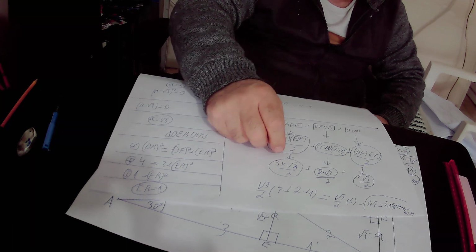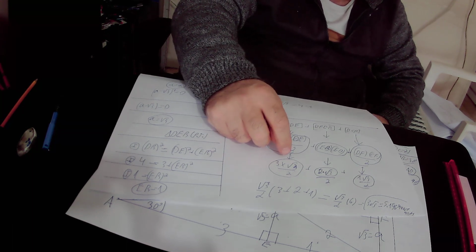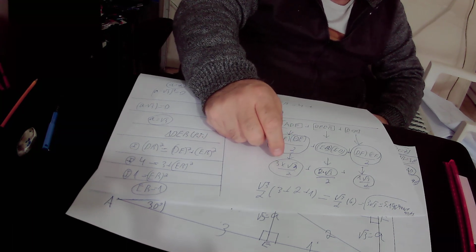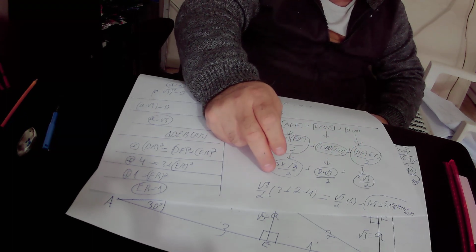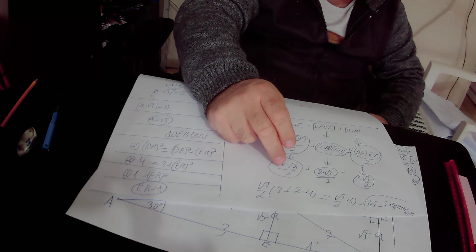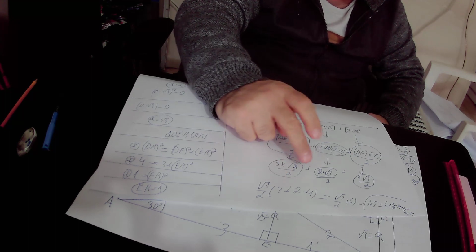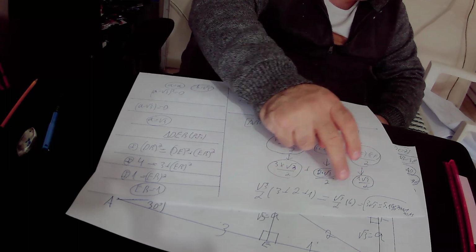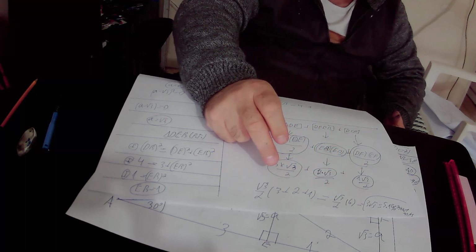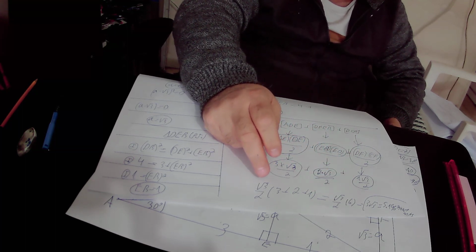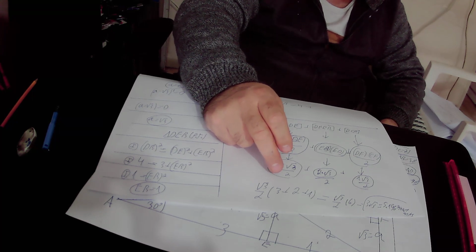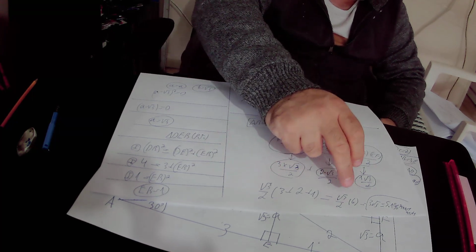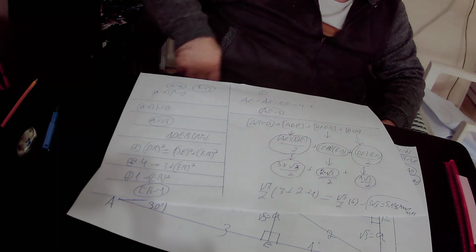Then we took a common factor of square root of 3 over 2 out of these three expressions, and inside the brackets, from this expression what is left is 3, from this expression is left 2, and from this expression is left 1. So it is square root of 3 over 2 times 3 plus 2 is 5, 5 plus 1 is 6, so it is square root of 3 over 2 times 6. 6 over 2 is 3.